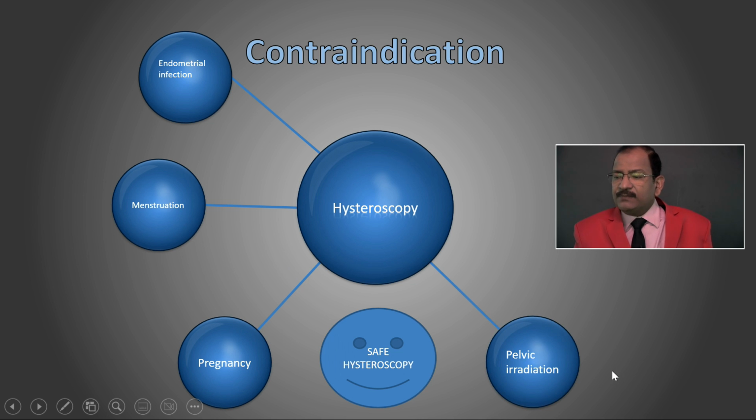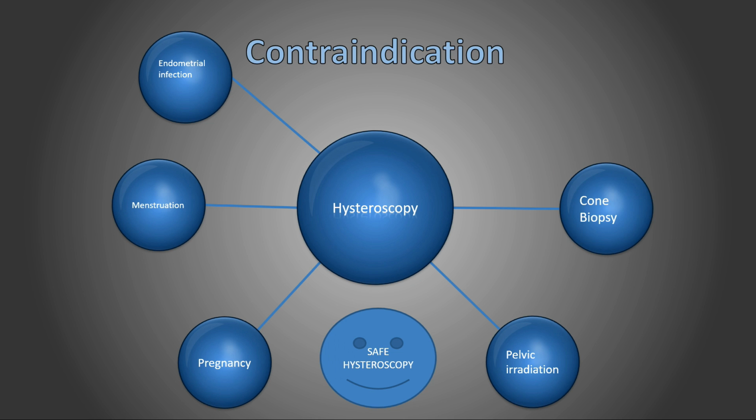Next is pelvic irradiation or any cone biopsy or recent trauma. Like for some malignancy irradiation was done over the uterus, then all the wall is weak due to the radiation trauma. Or suppose the patient has had a myomectomy, cesarean performed, or a simple MTP someone has done, and the patient comes to you.